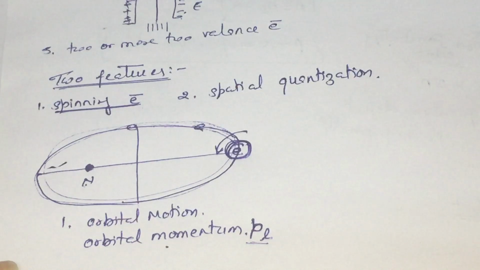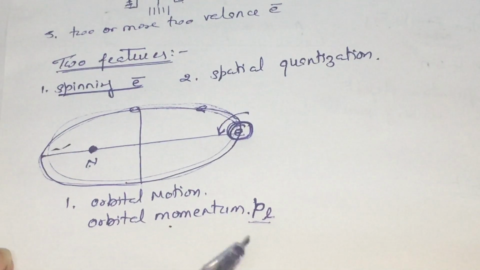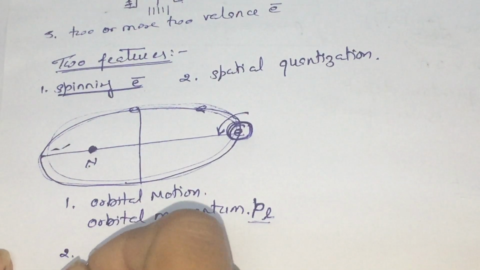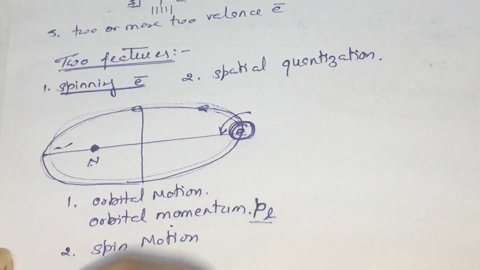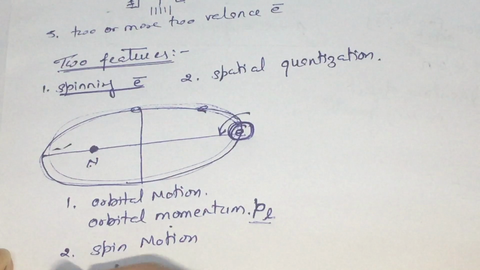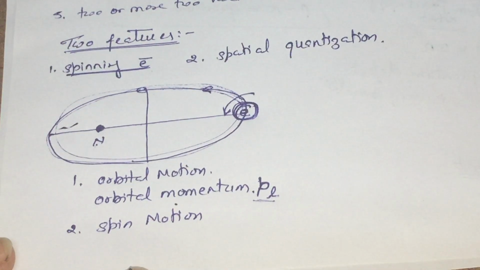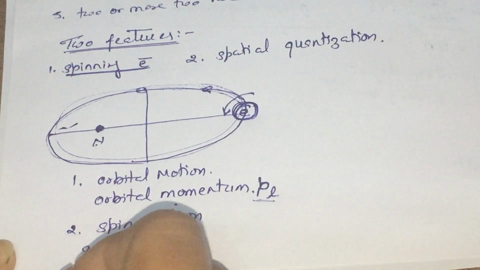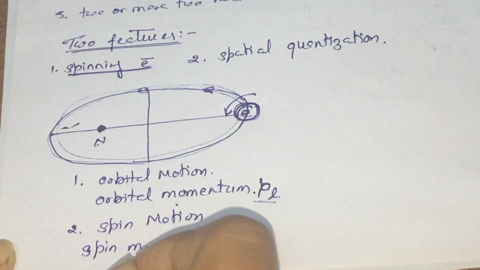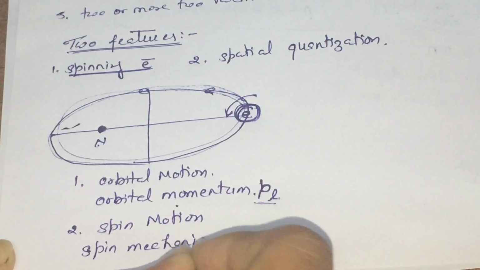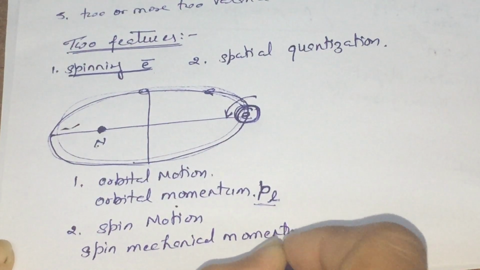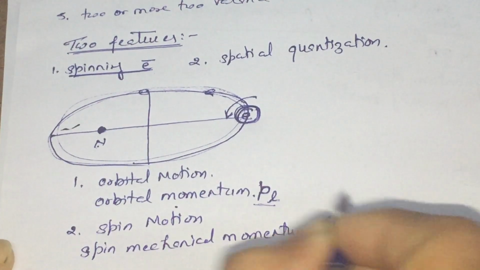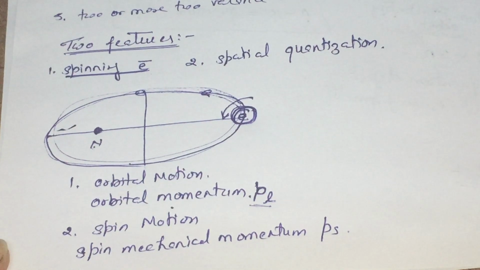Due to this spin motion there is a mechanical momentum, which we call the spin mechanical momentum, and this spin mechanical momentum explains the spin motion of the electron.